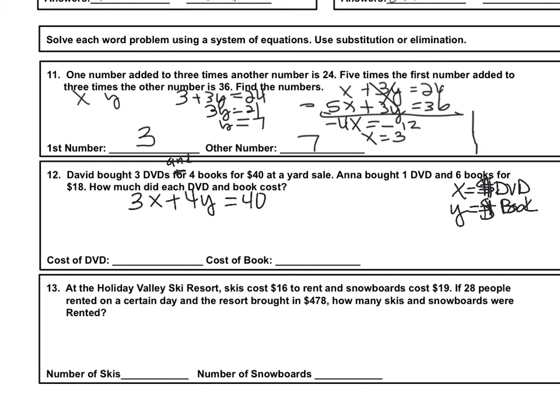All right. Anna bought 1 DVD and 6 books for $18. How much did they cost? All right, so I'm going to do substitution. Isolate this x. So instead of this equation, I'm going to have x equals 18 minus 6y.